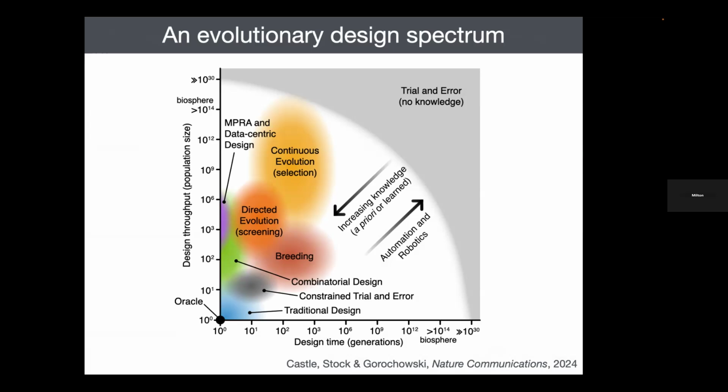And some of the traditional design approaches I was speaking about, we typically don't have huge numbers of design cycles, and we can't have millions of potential designs being carried through at every single point. So they typically cluster closer to this bottom left corner. And the reason they work is that we often have more knowledge about those systems.